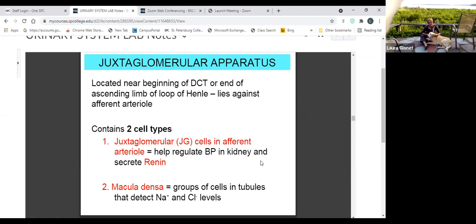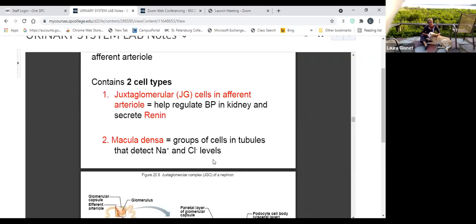They affect each other. The juxtaglomerular cells in the afferent arteriole secrete the renin, and the macula densa cells in the distal convoluted tubule are detecting changing levels of sodium and chloride. Thus, those levels are indicative, a direct indication, of your current glomerular filtration rate.